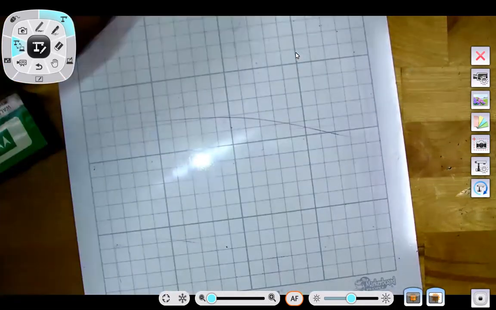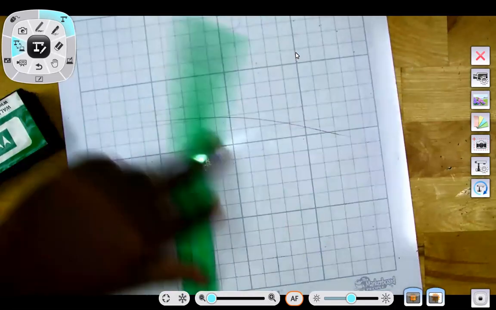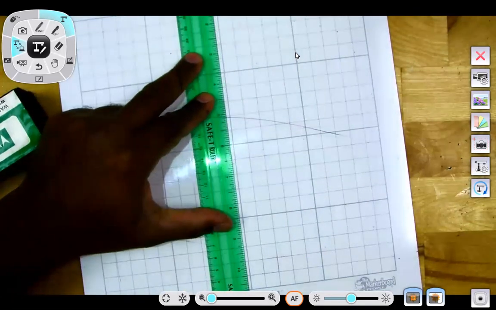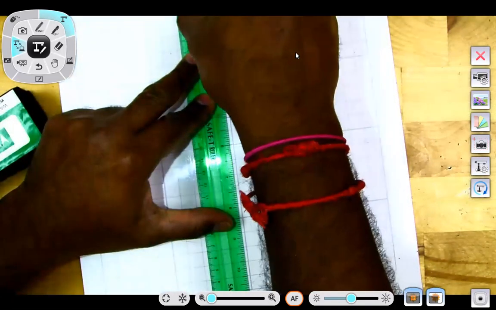And if you reflect, let's say you have a line, which is y.